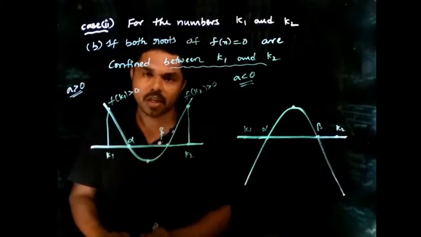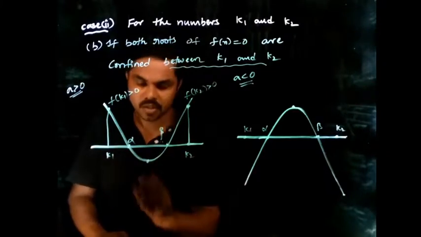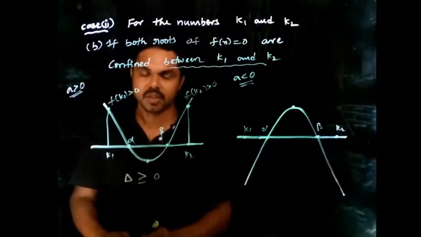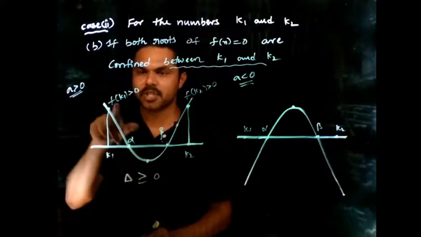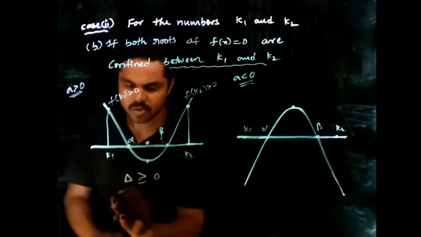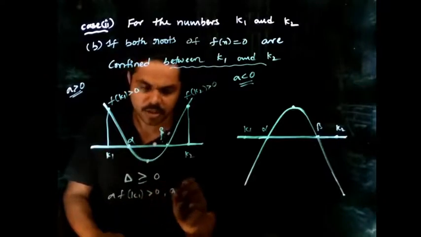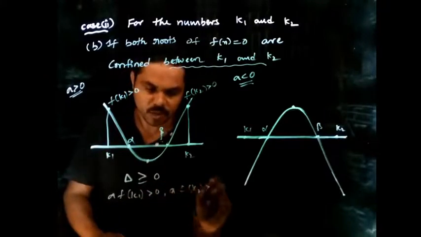Here alpha beta may be equal or different. So we can confine that delta greater than or equal to 0, condition 1. The second thing, here a is positive, f of k1 is positive. So a into f of k1 is positive, a into f of k2 is also positive.